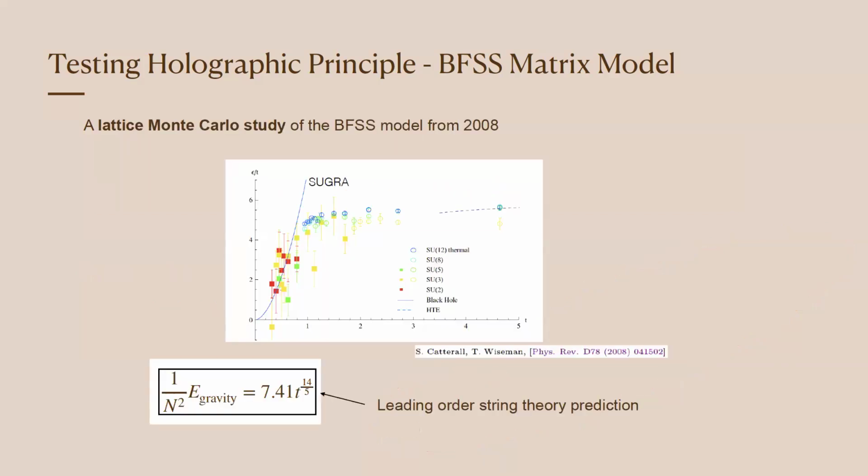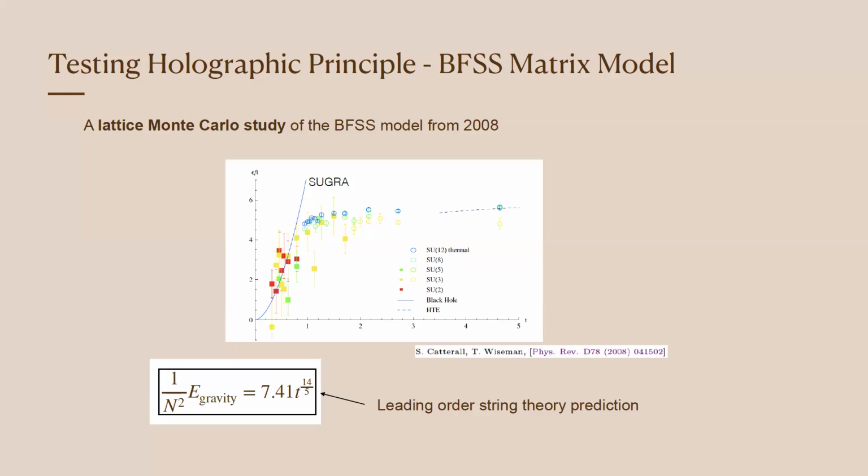Then do the simulations. So back in 2008, these two people did a lattice Monte Carlo study of this model, and they got these data points. Okay, they are coming from numerical computation. What is given by supergravity or low energy string theory is this equation.